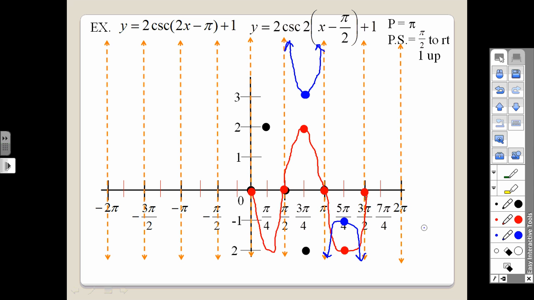Okay, so now we can just follow our pattern. So this was up, this is down, then this is going to be up again. Okay, so down, up, this will be down. Then we're at up again, down again, up again, down again. Oh boy, I have some drawing to do, don't I? But you get the idea.